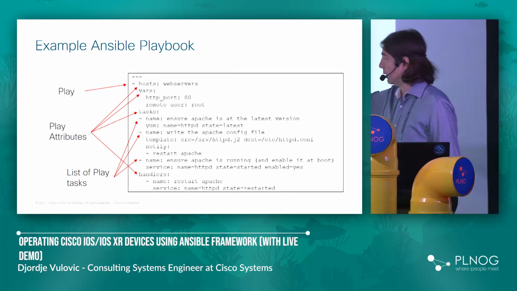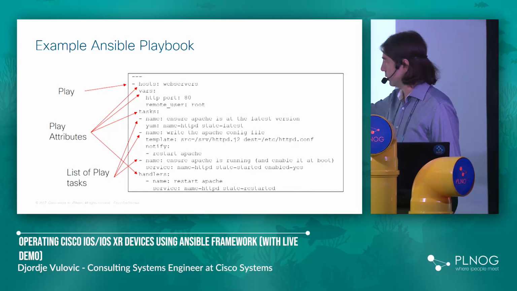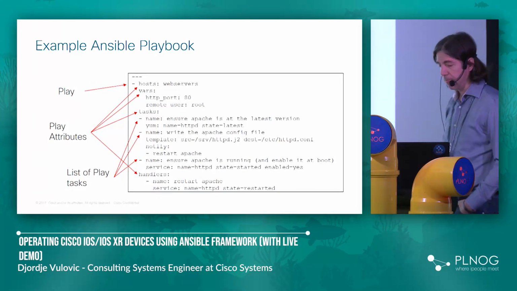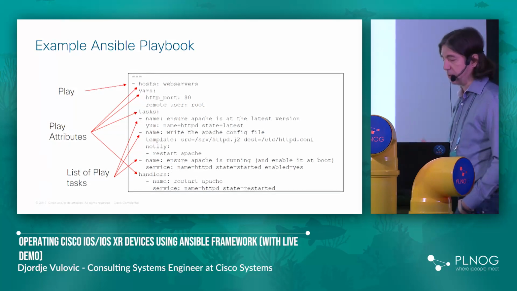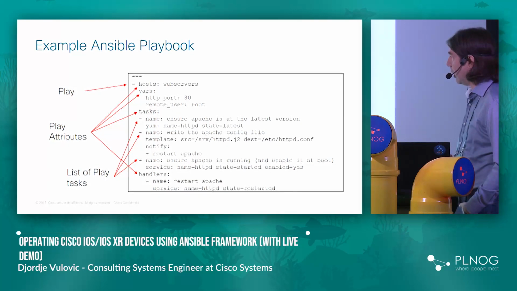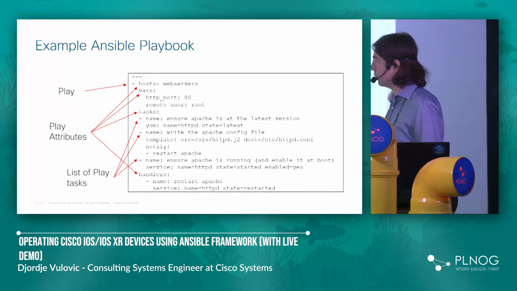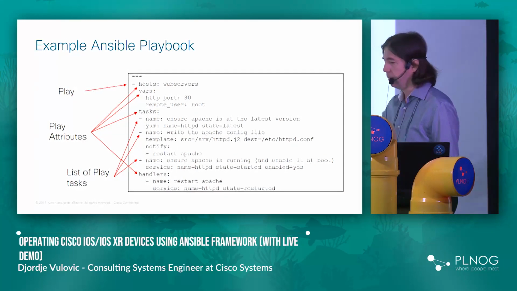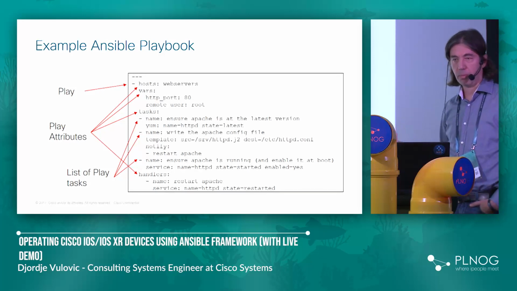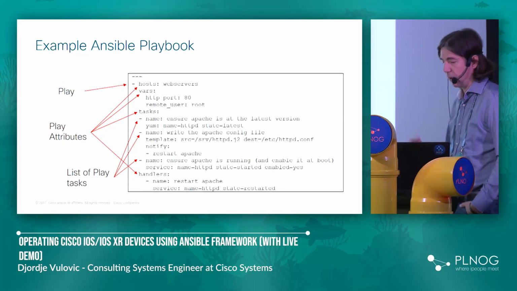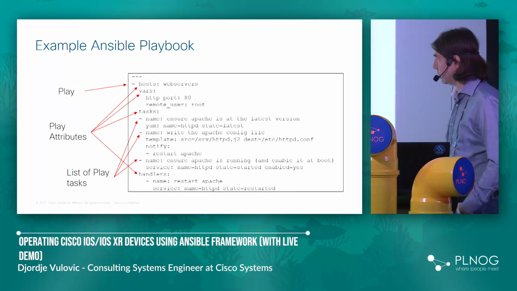Within the tasks, there is a list of tasks. Each task can have its name. It's pretty helpful if it has, but it's not mandatory. And then it calls an Ansible module. The first task here calls the Ansible module yum. Yum is probably known by most of you, the framework for installing new packages on the server.